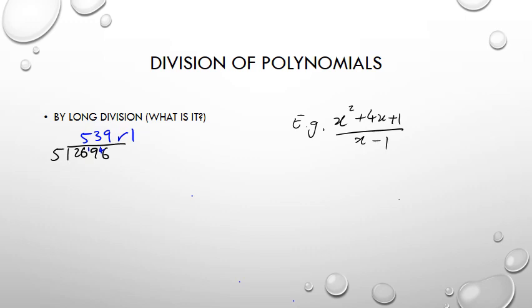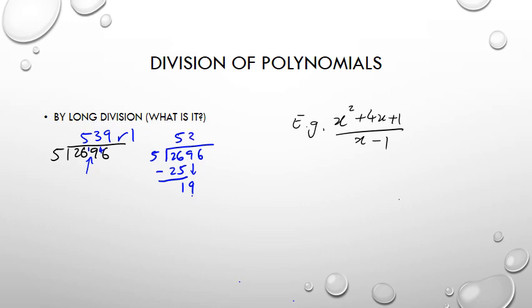What long division does is it shows all the intermediate steps that you're doing in your head that you don't probably think about. So we said 5 into 26, it goes 5 times. 5 times 5 is 25. We subtract it, then we're left with a 1. That's where this remainder 1 comes from, okay? And you would drag the next one down, and say 5 goes into 19, like you did with the short division.